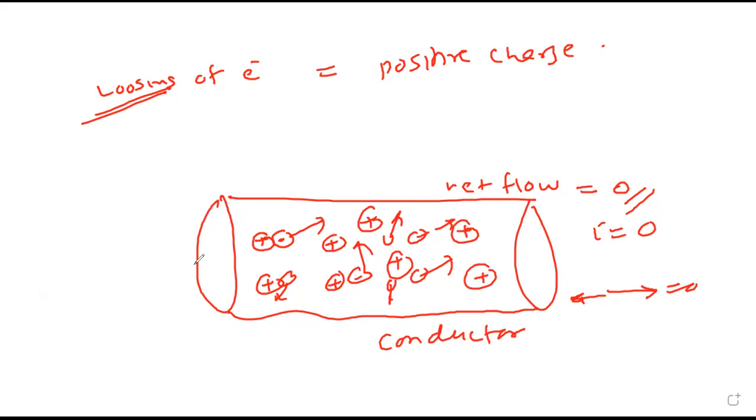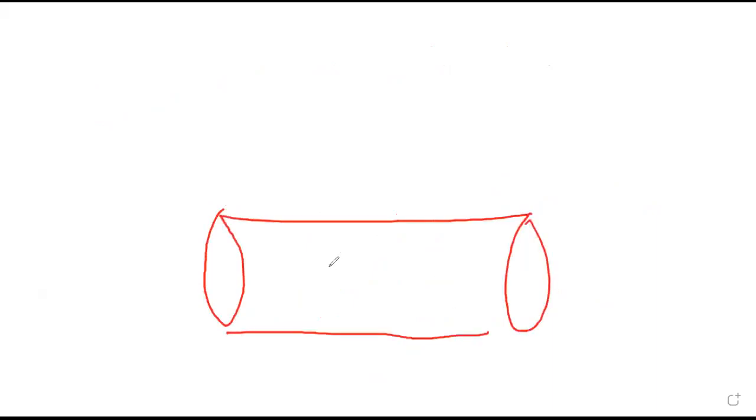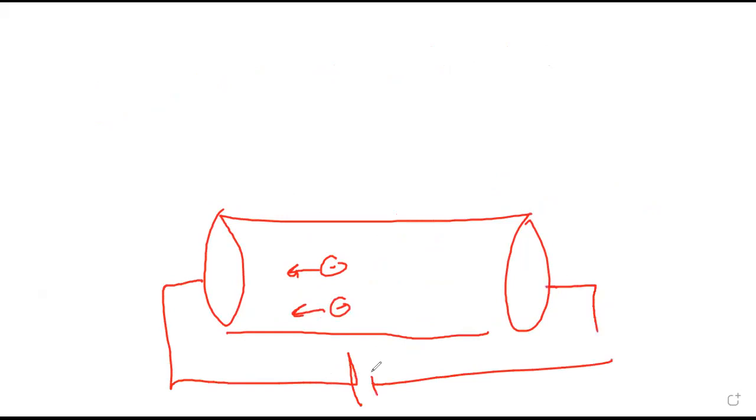When we connect a battery across this, now these electrons will be attracted towards the positive terminal of the battery. They will try to align themselves towards the positive terminal.